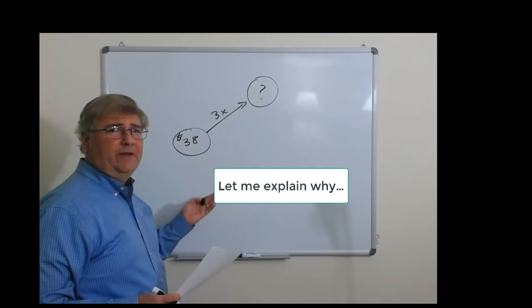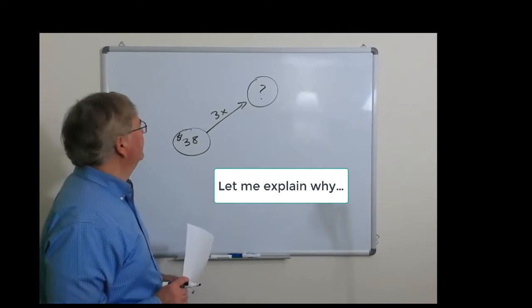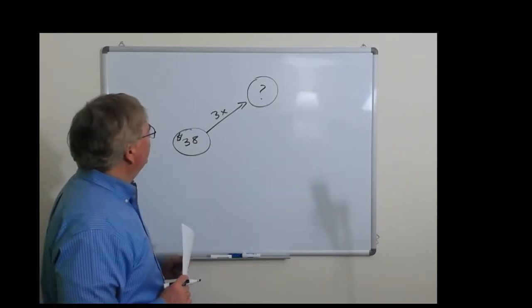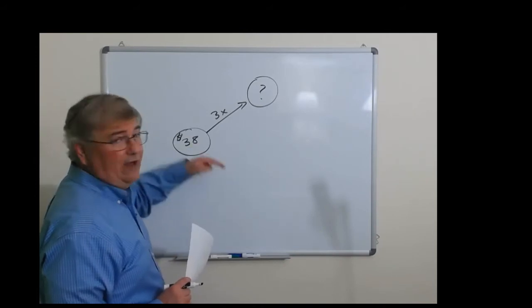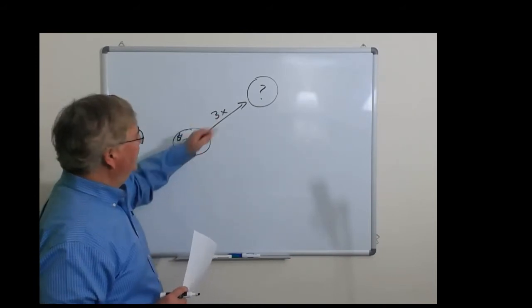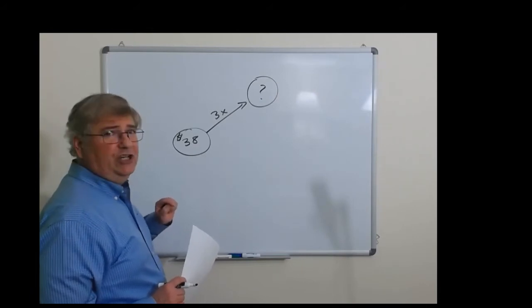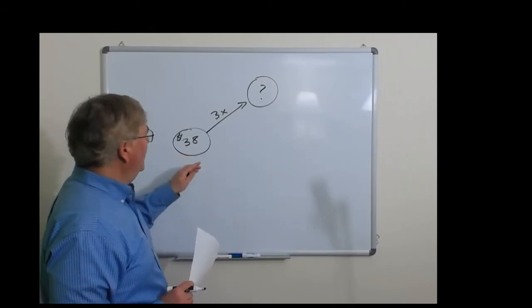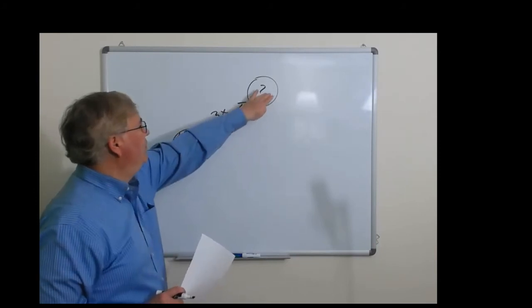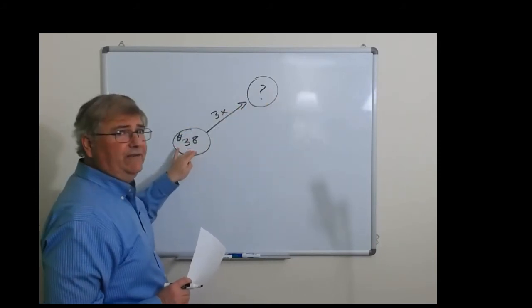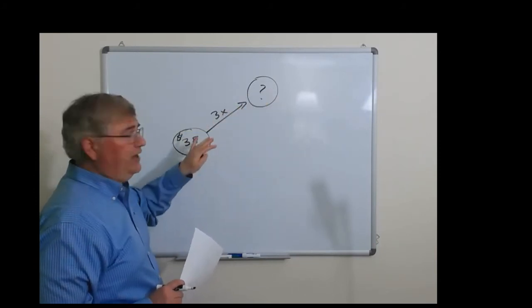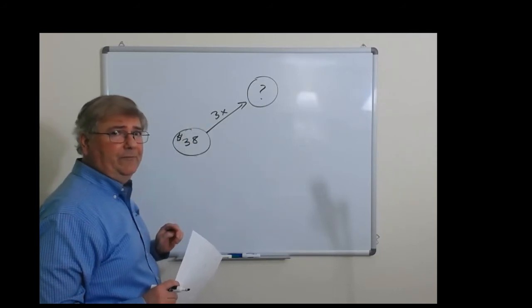First of all, which formula do we use in this instance? Well, it's not the discount formula because the price is going up. Is it the percentage change formula? No, because you're not given both the new and the old price. You're only given the old price and the percentage change, or in this case, a multiple increase.